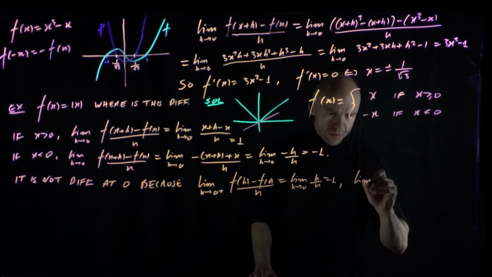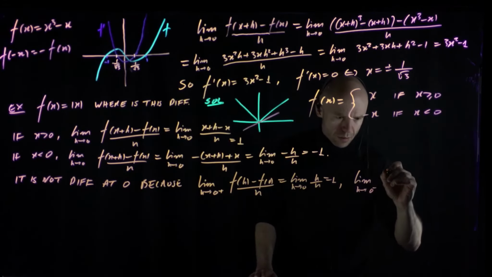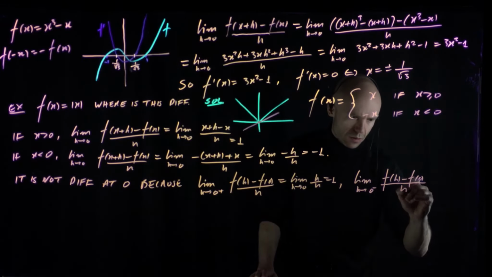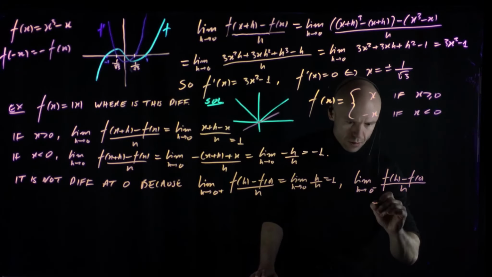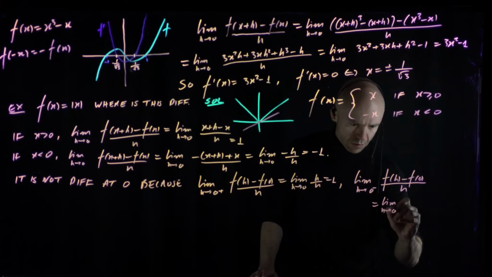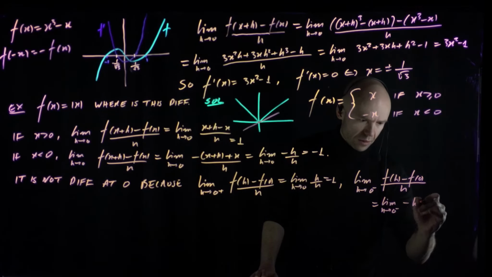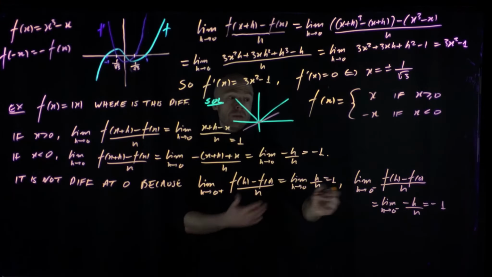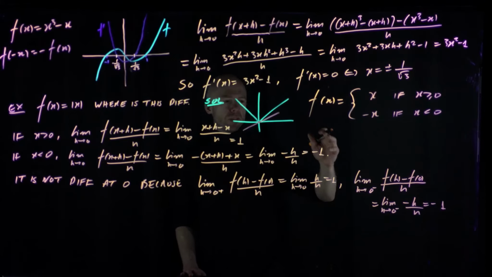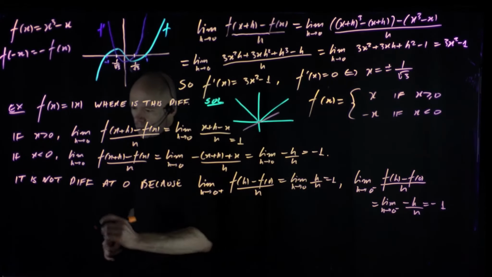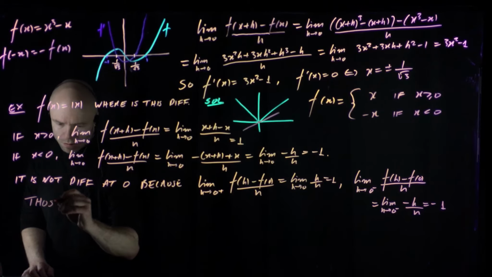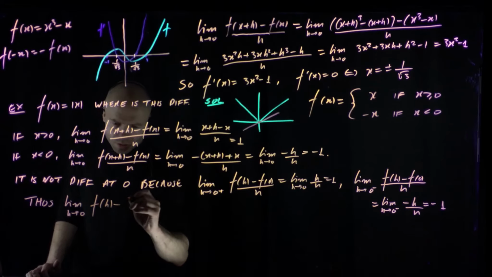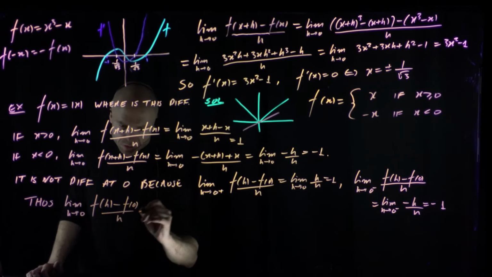And the limit as h goes to 0 from the negative numbers is the limit as h goes to 0 minus of minus h over h, which is just minus 1. So both these one-sided limits exist, but they do not agree, and therefore the limit as h goes to 0 of f of h minus f of 0 over h does not exist.